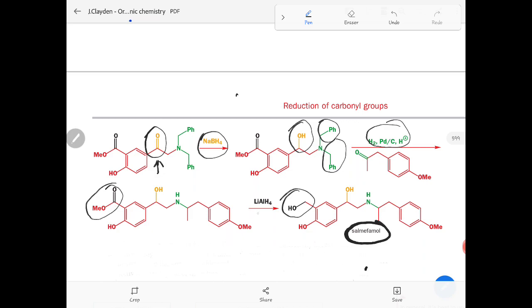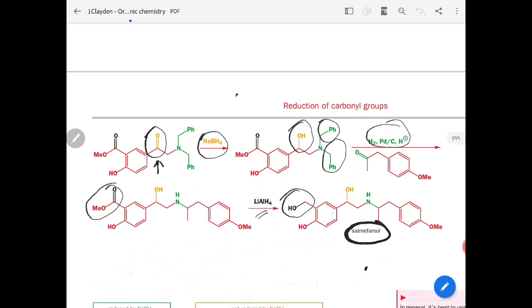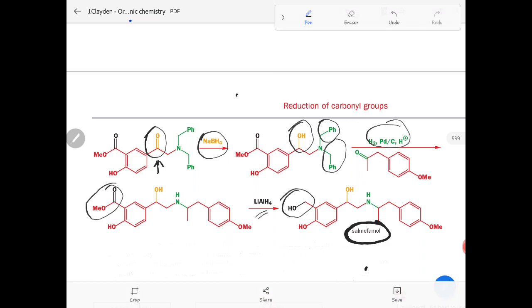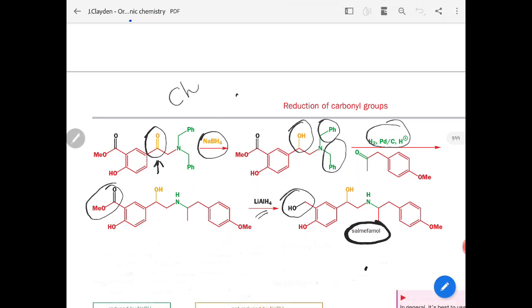When you use lithium aluminum hydride, this ester group is attacked and you get the salmeterol compound. The important concept you are learning here is a term called chemoselectivity.